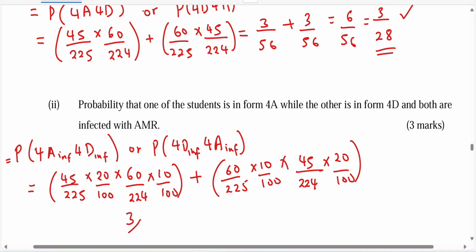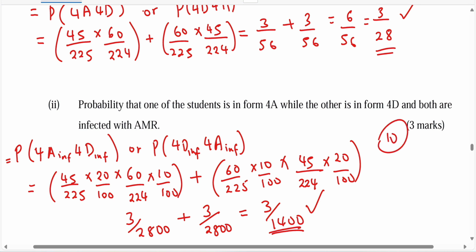So hapa itakupa 3 over 2,800 plus also hapa itakupa 3 over 2,800, which is equivalent to 3 over 2,800 plus 3 over 2,800. So answer yako hapa itakupa 3 over 1,400. So that is your answer. So tayari ushapata 10 marks hapo za bure.